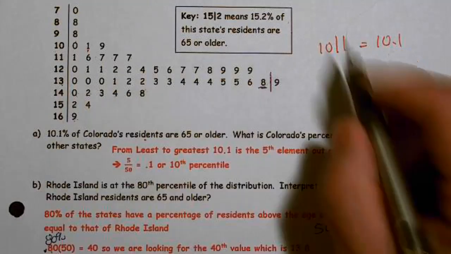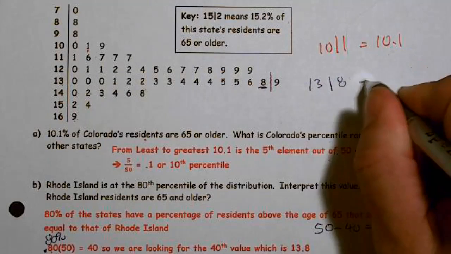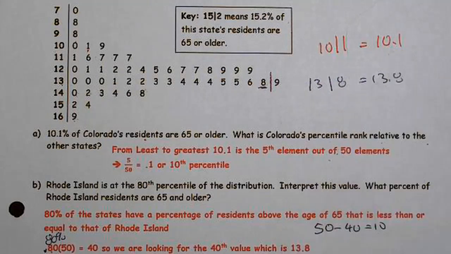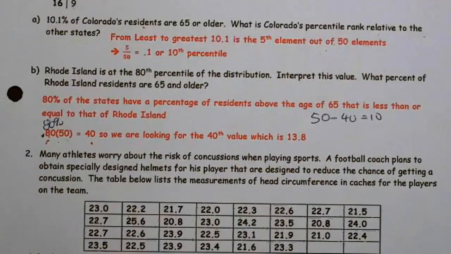So this is essentially 13, and then a line in the 8, so 13.8. So in their case, 13.8% of the population falls in that group, and they're at the 80th percentile. 80% of the states have less than them. All right, so that takes care of that. Be very careful with those. It's easy to make careless errors.